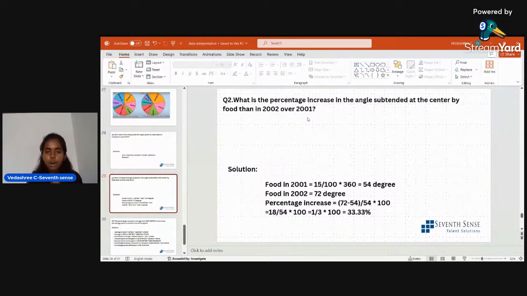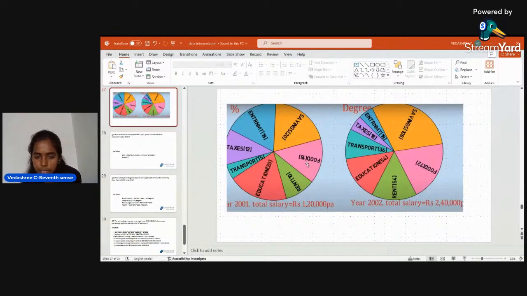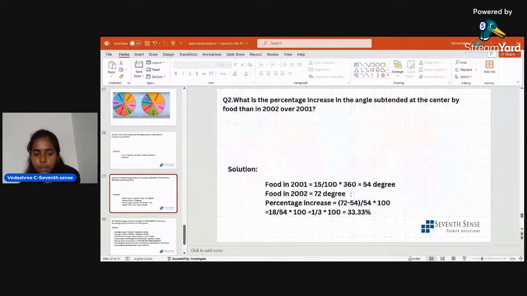Food in 2001 is 15 and food in 2002 is 72. So food in 2001 is 15 divided by 100 into total, that is 360, which is equal to 54 degrees.